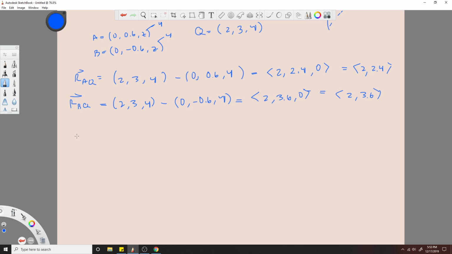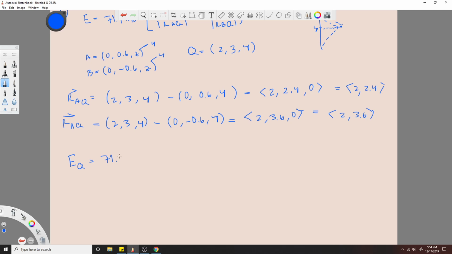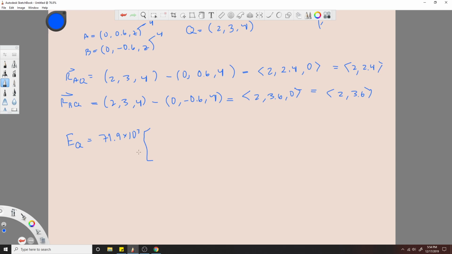So similarly, E at Q equals 9 times 10 to the 3 times 2 ax plus 2.4 ay over this magnitude, minus 2 ax plus 3.6 ay over this magnitude.